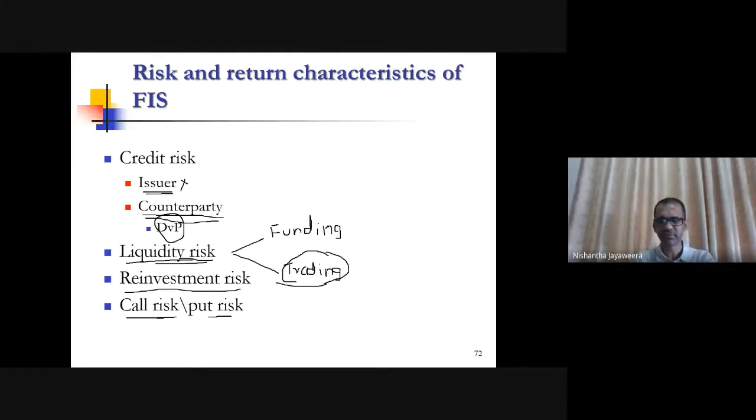So exactly speaking, what is DVP? Bonds are settled through a clearing house. Both parties have to maintain accounts with the clearing house. The buyer pays cash to the clearing house. The seller delivers securities to the clearing house.